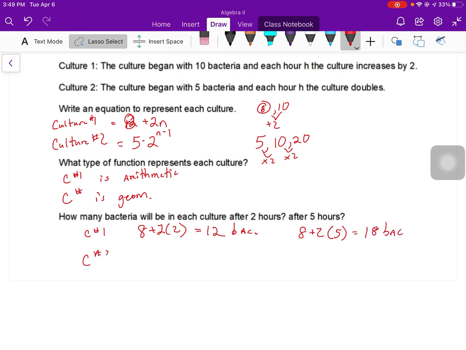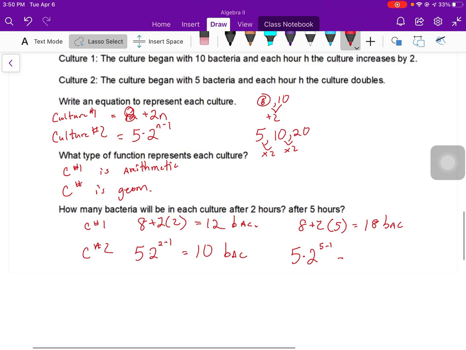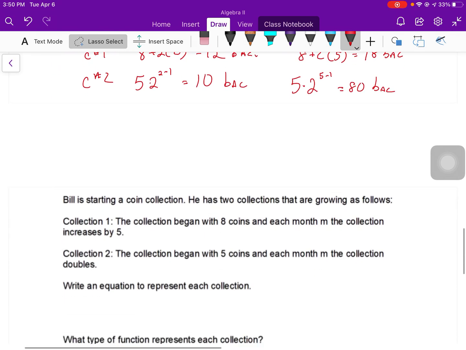Whereas culture number 2, 2 to the 2 minus 1, that's going to give me 10 bacteria, which doesn't seem much compared to culture 1, but check out the second one. Now I'm taking 2 to the 4th power, which is, I believe, 16, and 16 times 5, that's going to give me 80 bacteria. So if it grows geometrically or by multiplication, it should grow a lot quicker.